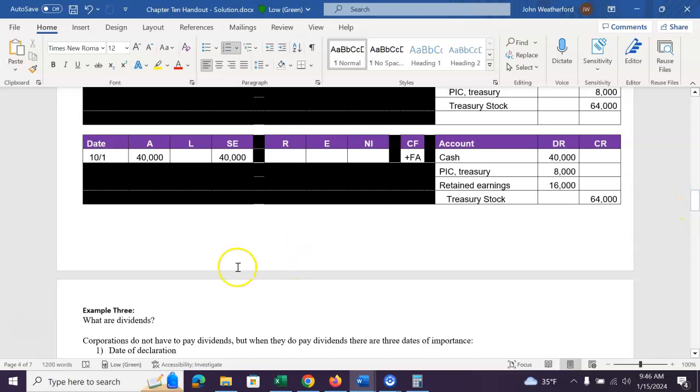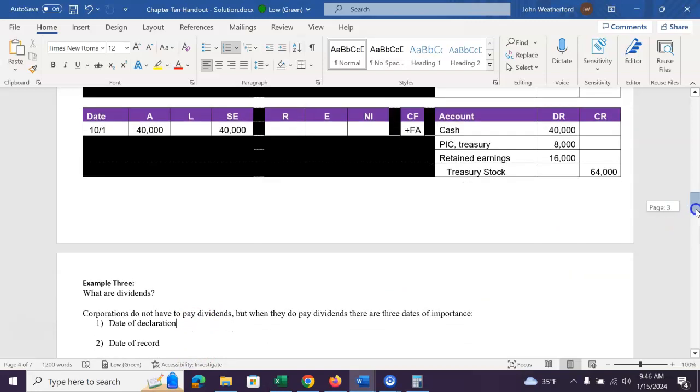Now, you don't have to own the stock that day to be entitled to the dividend. You have to own the stock on the next date, the date of record. So whoever owns the stock on the date of record would receive the dividend. There's definitely some time between these 2 dates. That could vary corporation to corporation, but I typically think of it as a couple of weeks. That could be off, but there's definitely some time between the 2.